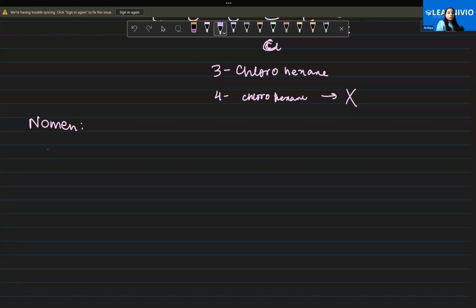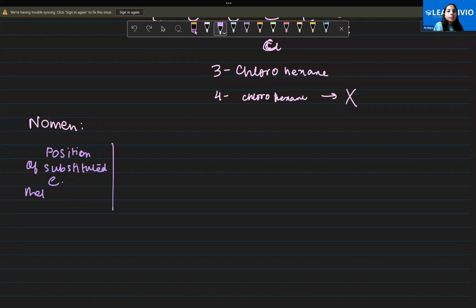First you'll write the position of the substituted carbon. Now, what is this? The methyl, ethyl.